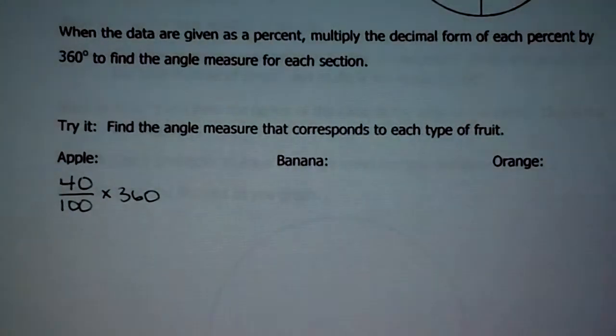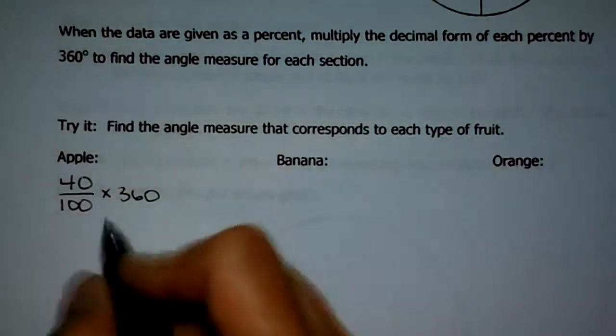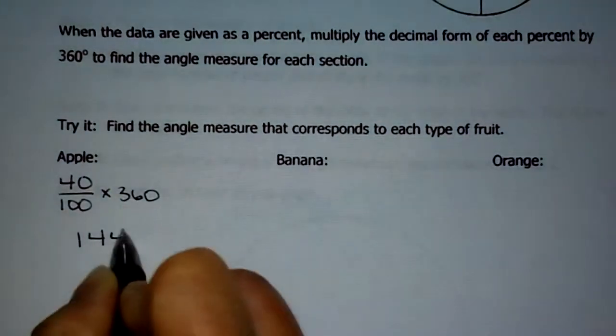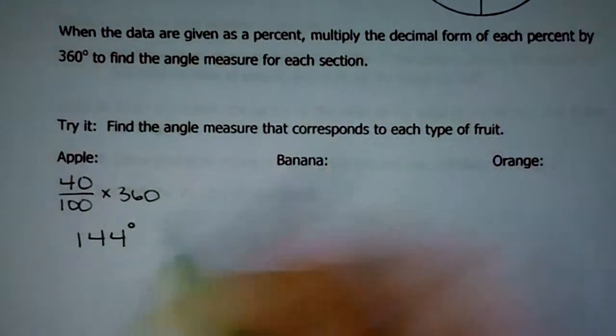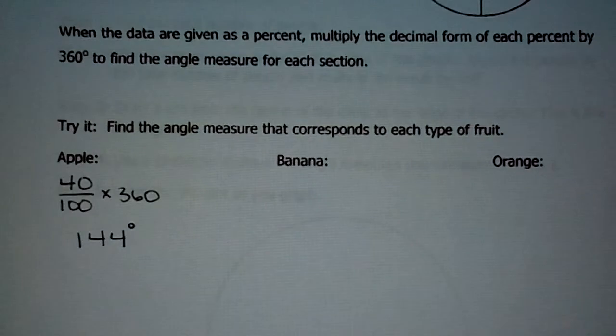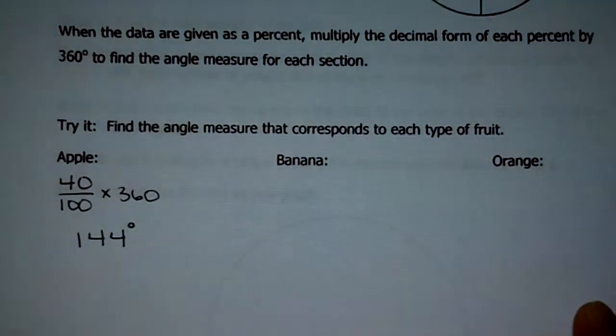So when you take 40 divided by 100, and you multiply that by 360, you could do that all in your calculator, you're going to end up getting 144. That tells me how many degrees the apple is represented by. All right, for bananas, it says bananas are 35% of the pie chart.